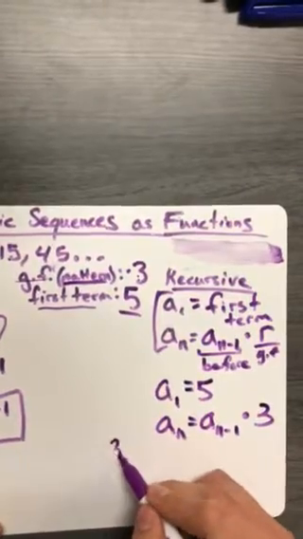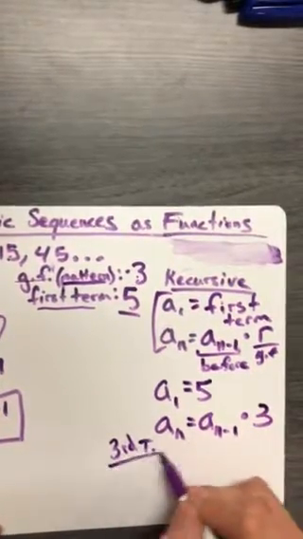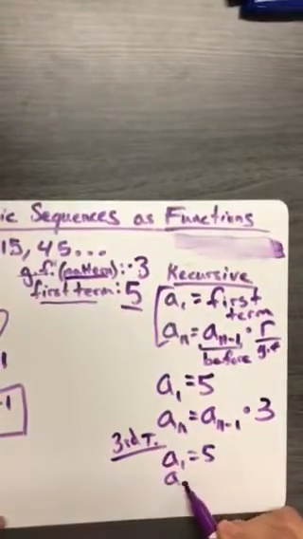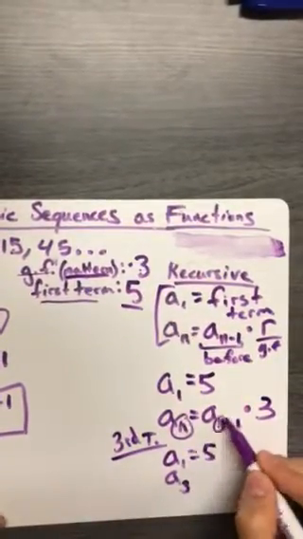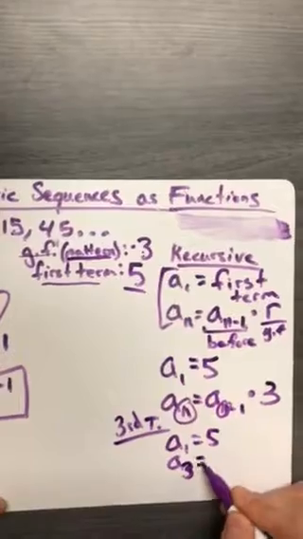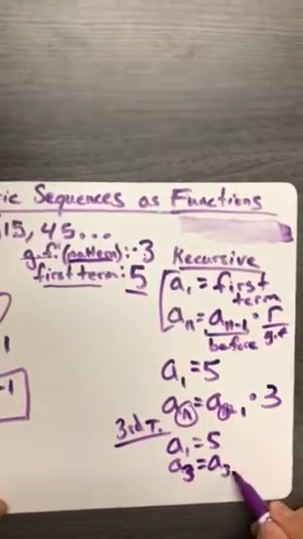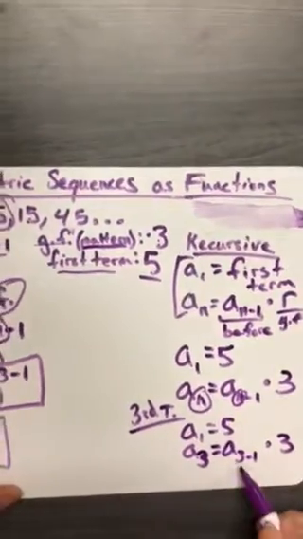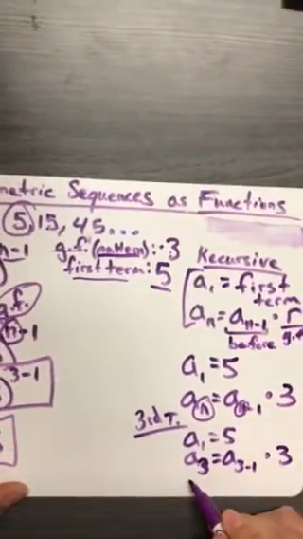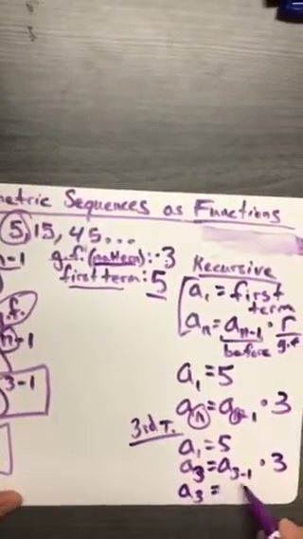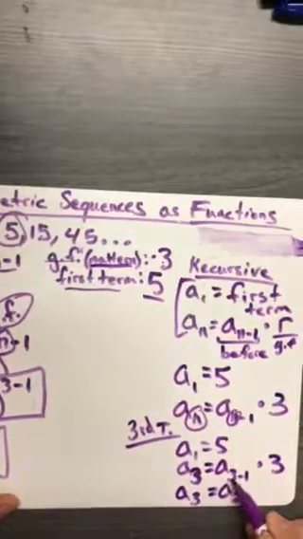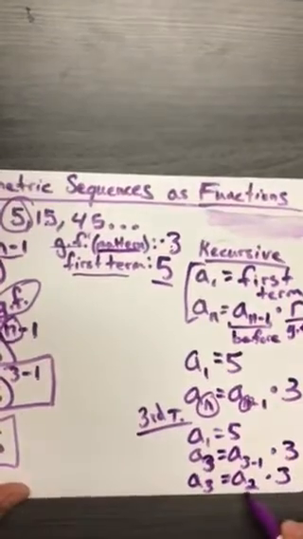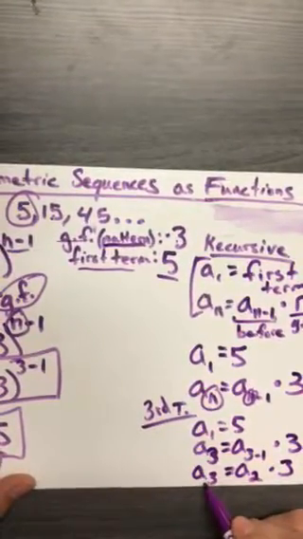So if I want to find the third term, I write a sub 1 equals 5 and a sub 3, substituting for my n's in the equation, equals a sub 3 minus 1 multiplied by 3. This a sub 3 minus 1 can simplify to a sub 2 because 3 minus 1 is 2, multiplied by 3.